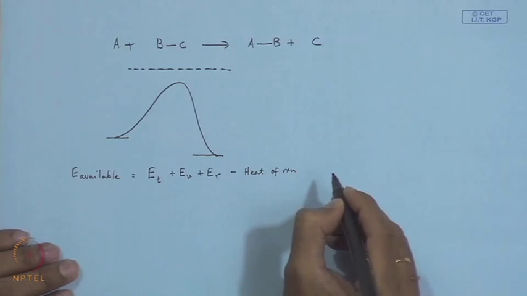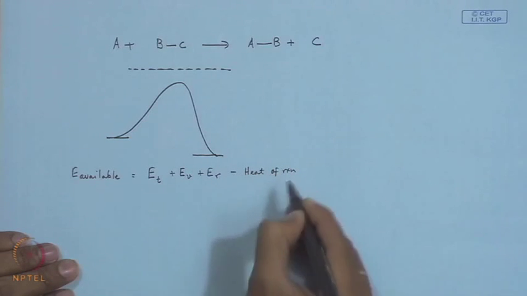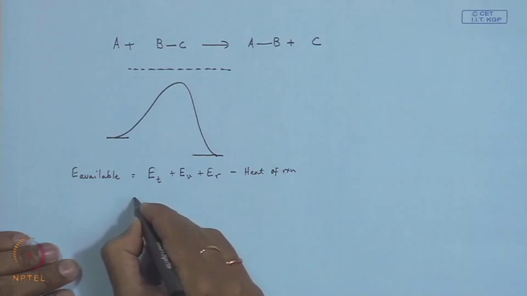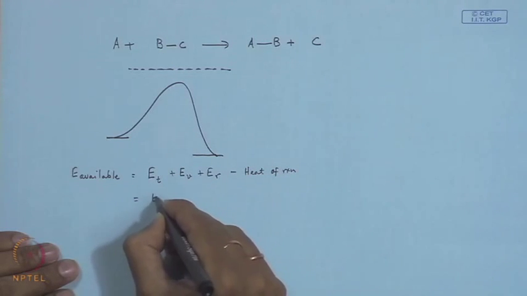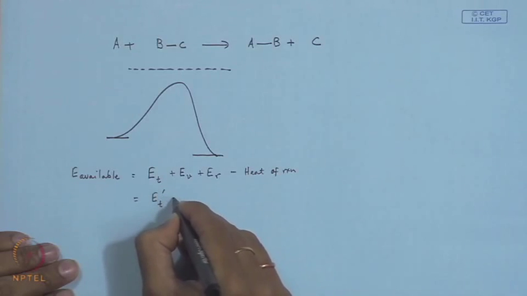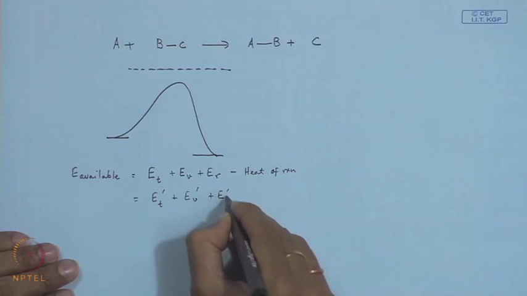If it is distributed over here, then it is E prime translation plus E prime vibration plus E prime rotation.